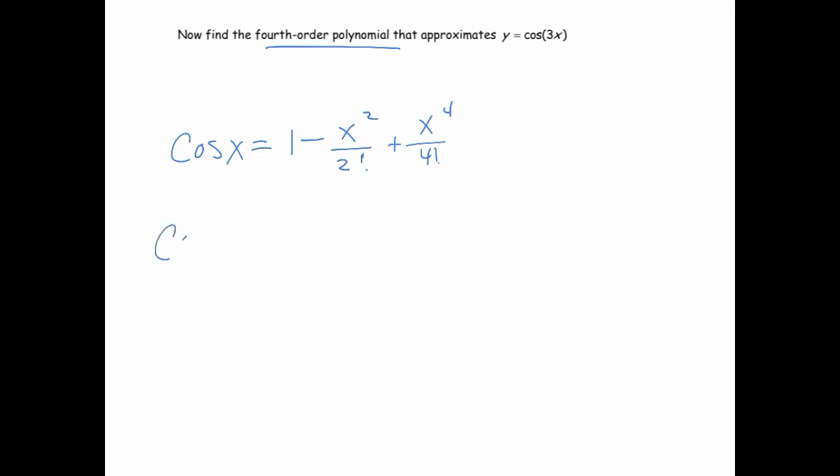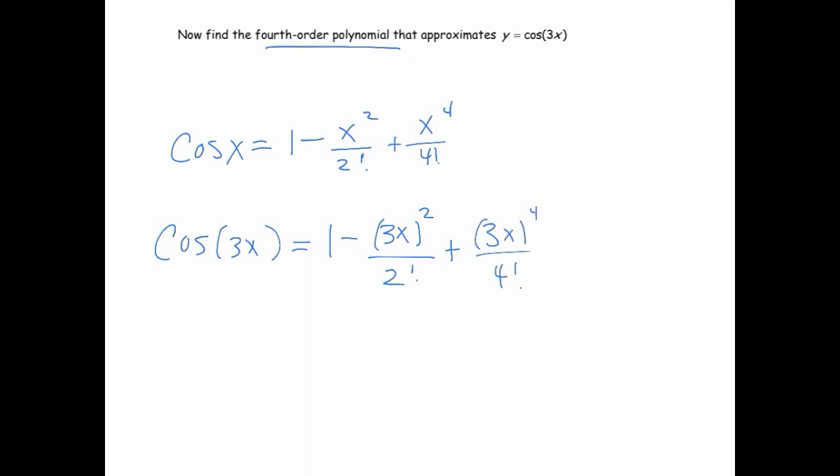So what's really nice is we can treat these exactly like functions, where the cosine of x is equal to what we see above. Therefore, the cosine of 3x would be 1 minus, rather than x squared, 3x squared over 2 factorial. Rather than x to the fourth, 3x to the fourth over 4 factorial.